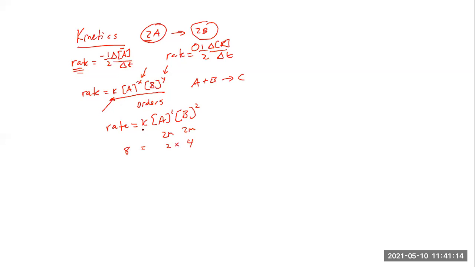Again, assuming K is constant, so we don't have to think about it. So if we wanted to increase the rate of this reaction, we could just double the concentration of B. And when we do that, we get 4 times 4, which is 16, times 2, which would be 32. So in this arrangement, we could make the reaction increase fourfold by simply increasing the amount of B that we started with.